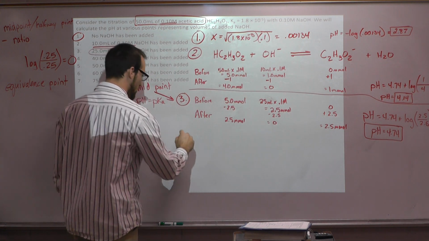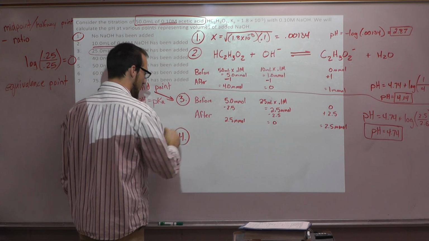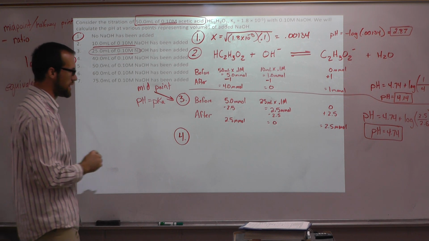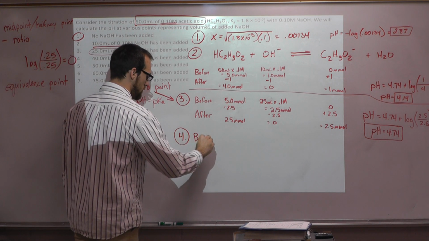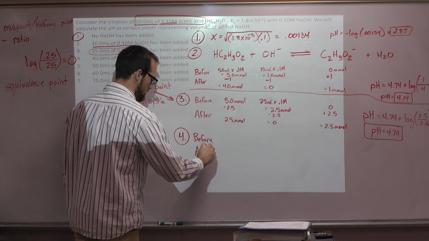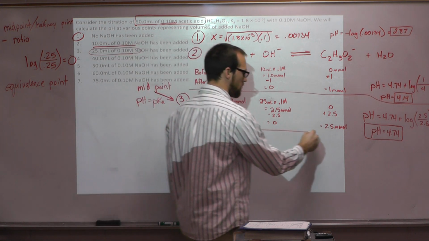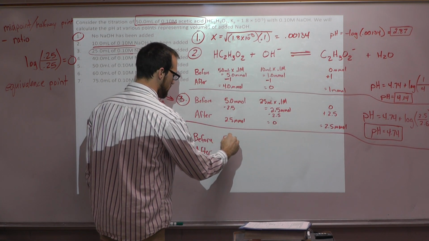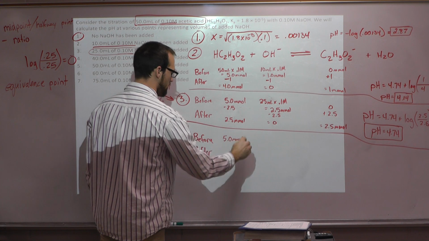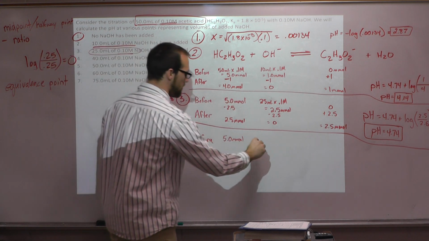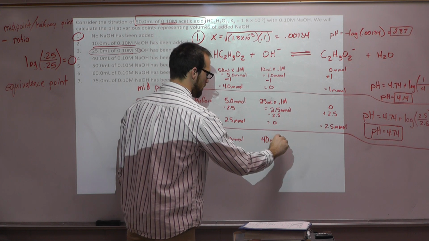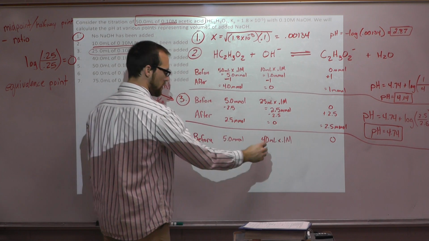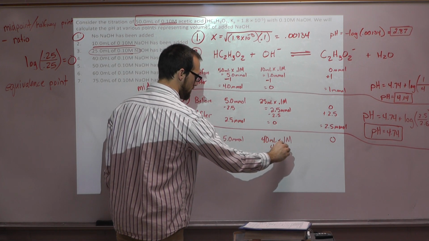All right. Number 4. Same idea. Okay? For the sake of time, I'm going to go through this one as well. Okay, still got 5 millimoles. Now I've added 40. Okay, so this will give me 4 millimoles.